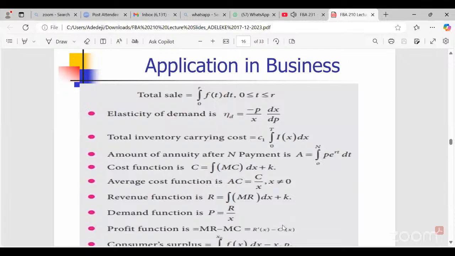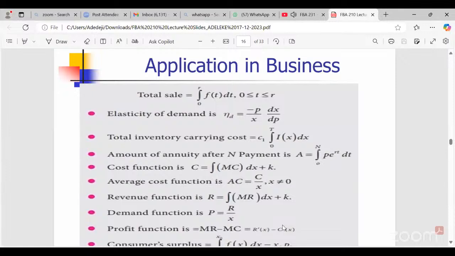So, as you can see at the top of the table, before you have the bullets, if you have a function, f of t, where the f of t represents the marginal sale at time t, you could get the total sale by integrating. Okay, the total sale at any given time by integrating from 0 to a given upper limit.